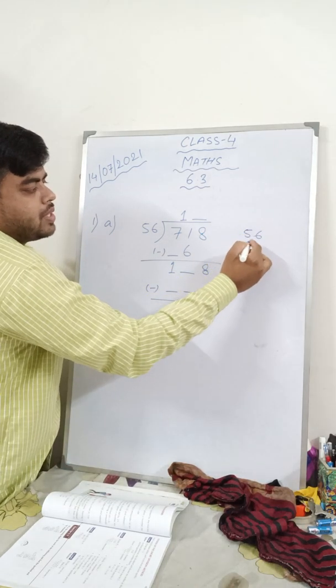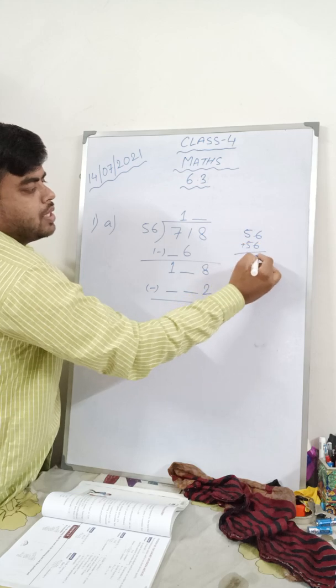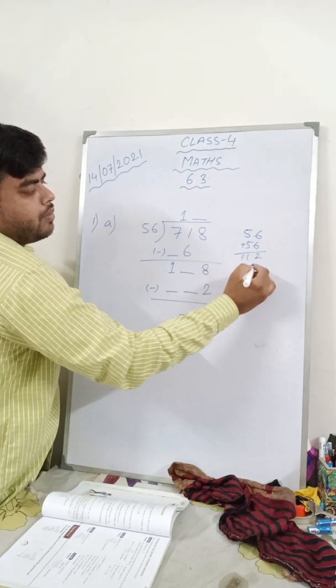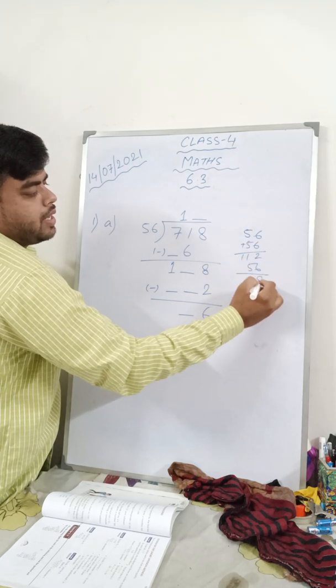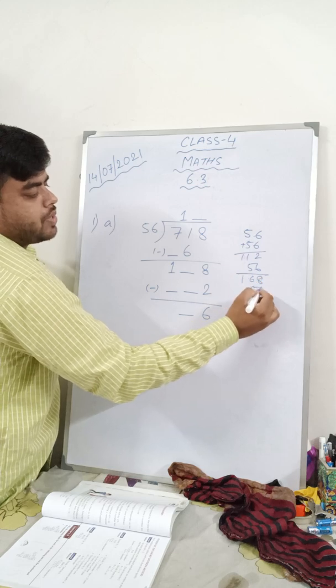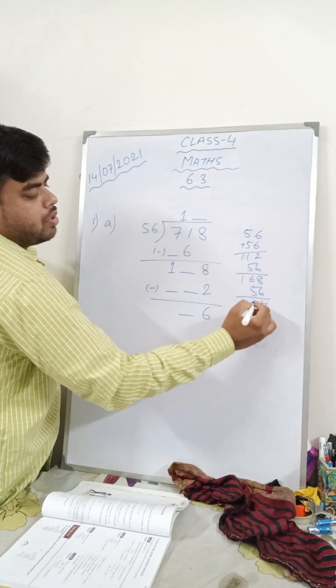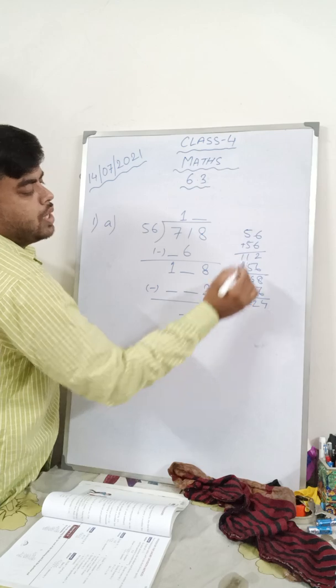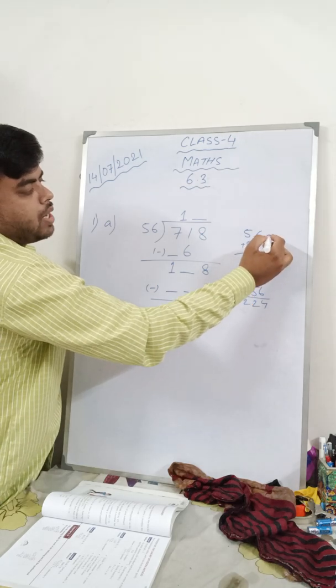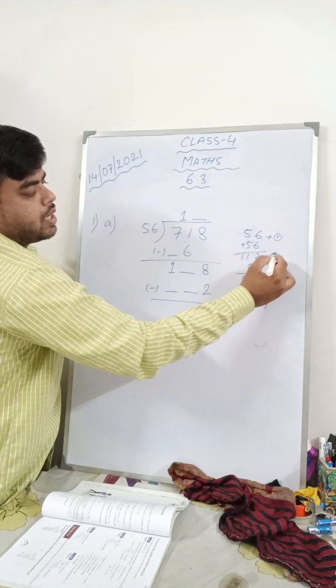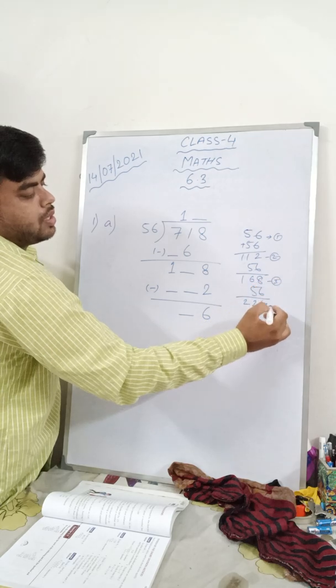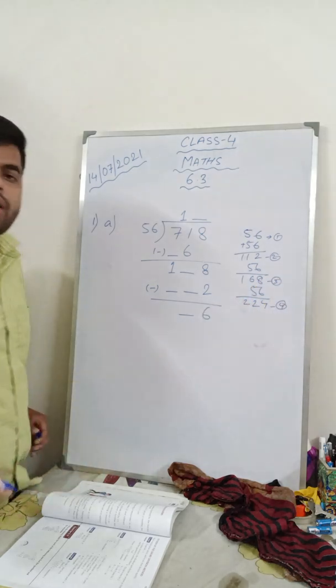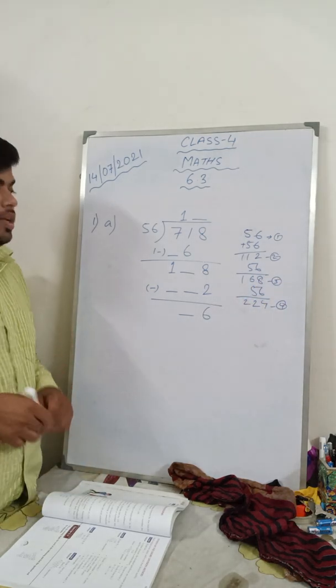How will you write? 56 plus 56, you get 112, plus 56, 168, plus 56, 224. So this is the 1 table, 2, 3, 4. Like this you can write the table also if you don't know the table.